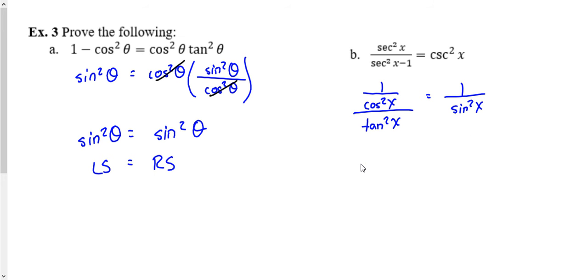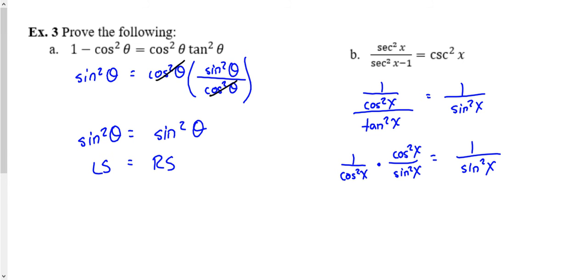Here, I'm going to rewrite this. This is the same thing as saying 1 over cos squared x multiplied by, and tangent, of course, is sine over cos, but if you reciprocate it, this is now cos squared x over sine squared x, and that's equal to 1 over sine squared x.